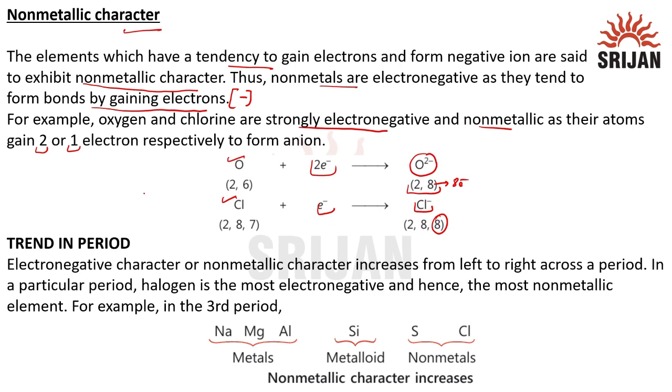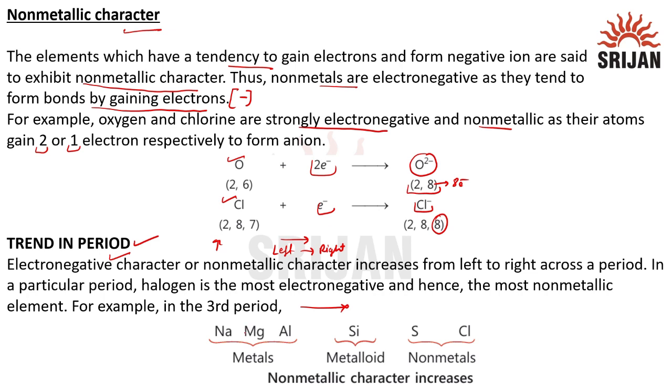Now talking about this non-metallic character trend in a period. As we know, in a period the electronegativity increases from left to right. That's why the electronegativity, with the non-metallic character, increases from left to right in a period.